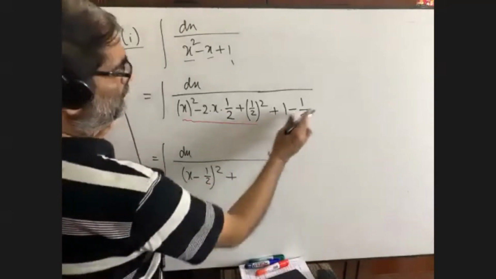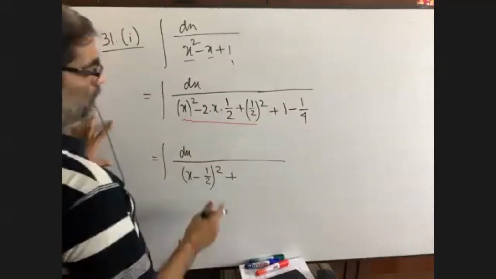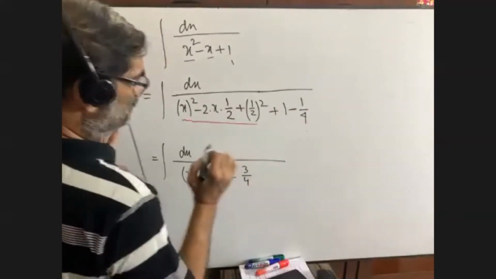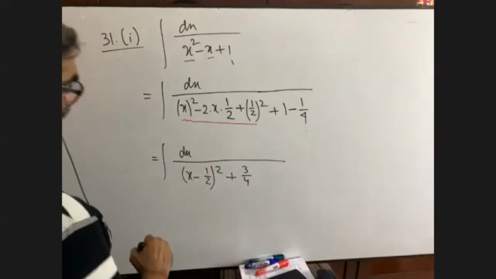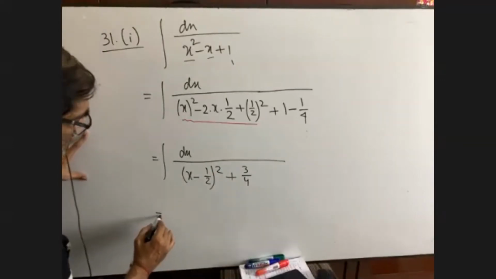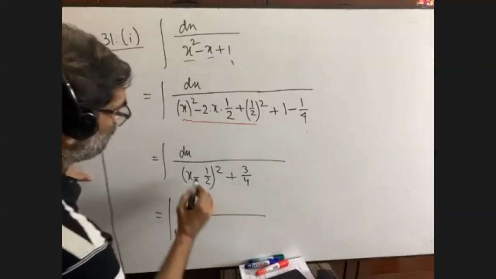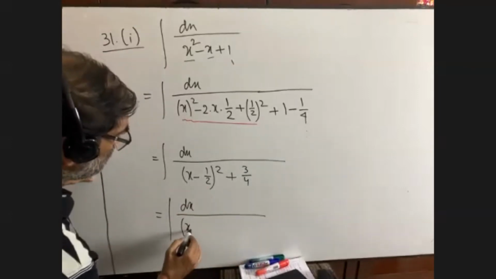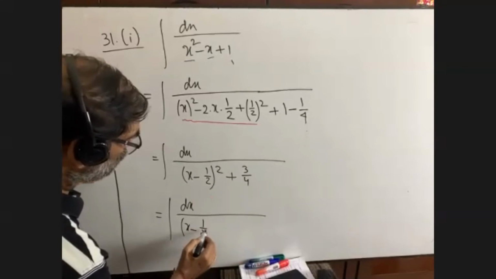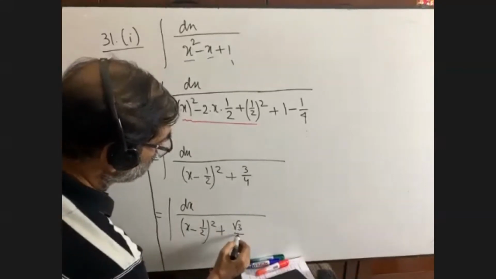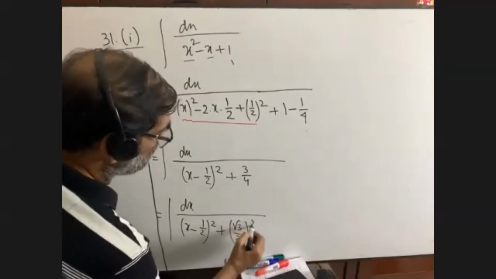And this is 1 minus 1 by 4. 1 minus 1 by 4, that is 3 by 4. Okay. So we can write here like this, you see, dx, we can write here x minus 1 by 2 plus root 3 by 2 whole square.